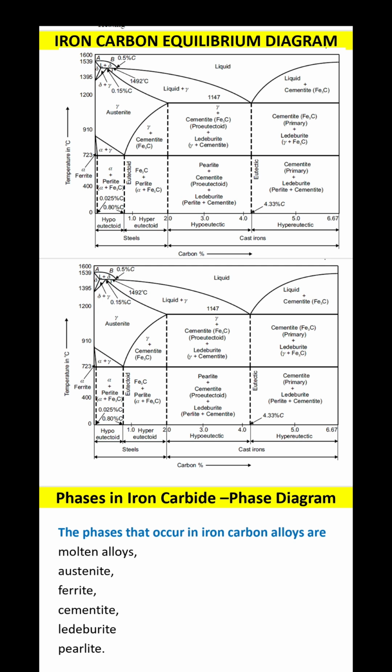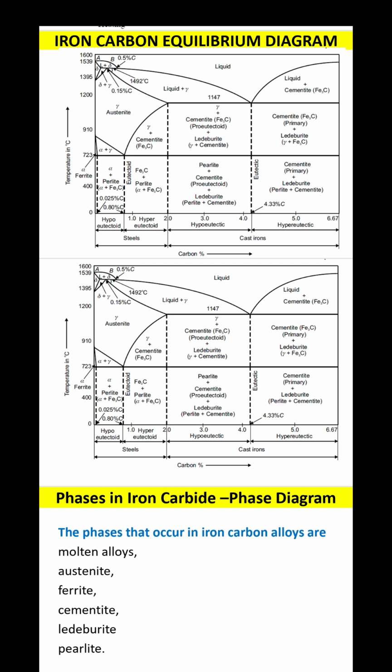In that region, the liquid is transformed into two separate solids during cooling. If we increase the temperature, the two different solids convert into the liquid state. The two separate solids are austenite and cementite, and this reaction is called the eutectic reaction.